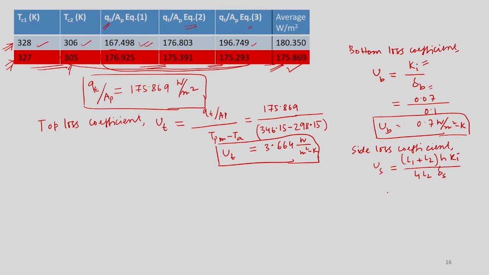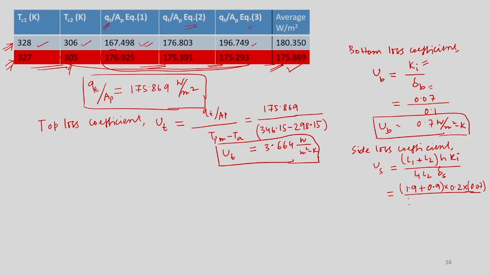So, if you substitute those values, L1 is 1.9 as the length and the width L2 is 0.9 and the height H is 0.2, and then we will have Ki as 0.07, okay.